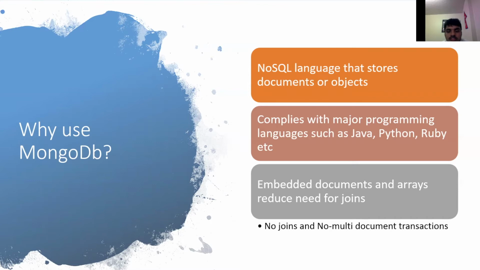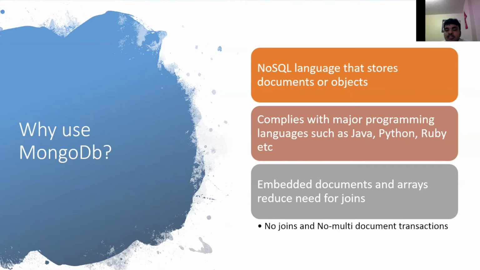The major benefit of MongoDB is it complies with any programming language. MongoDB complies with Java, Python, Ruby, C. So no matter what language you use, MongoDB is easier to connect with.